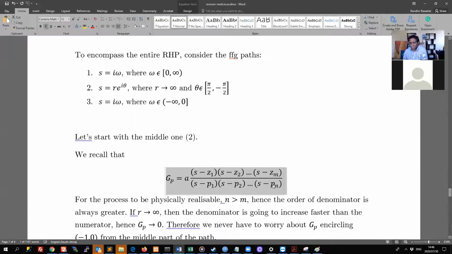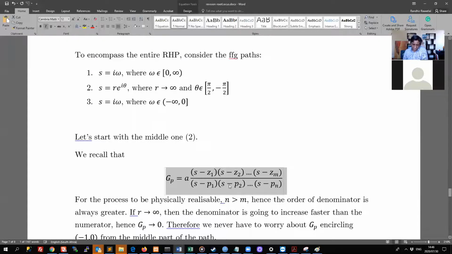And we said for physically realizable systems that m is less than n. So that means you have a higher order of S in the denominator than in the numerator. So you might have S squared up here and S cubed down there, right? Your order up here is always more than your order down there.